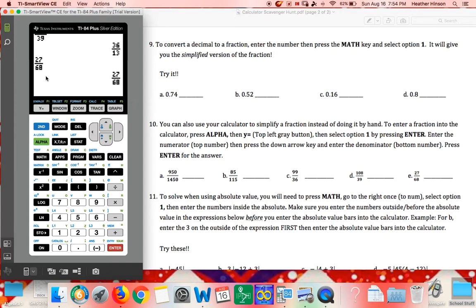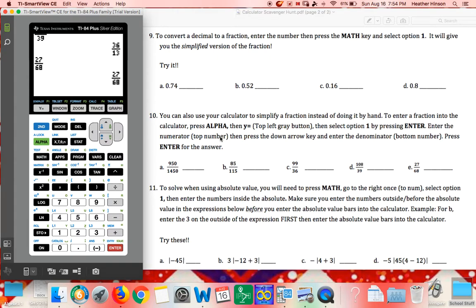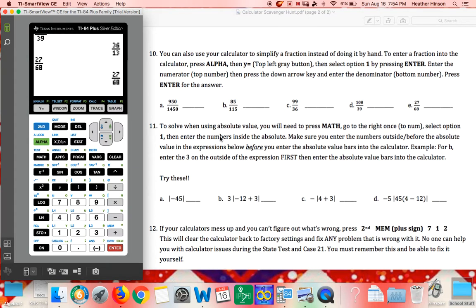So if it gives you the same answer, you are completely done. Write that answer on your page and move on. There's nothing else for you to do on that problem. So alpha, y equals, enter to get your numerator over denominator, and you just plug in the number and it'll simplify it for you.